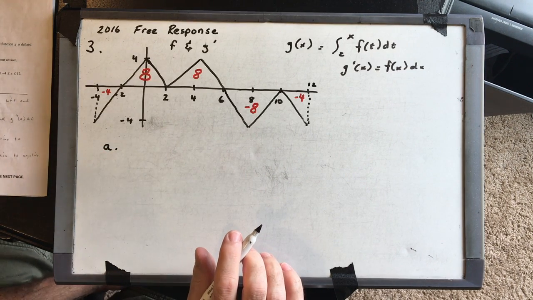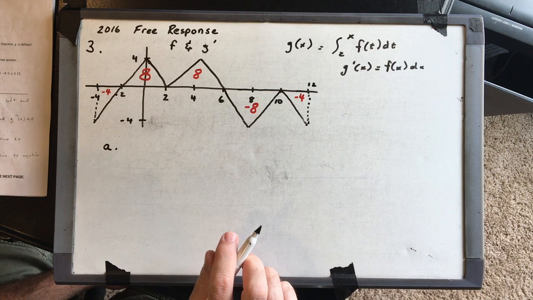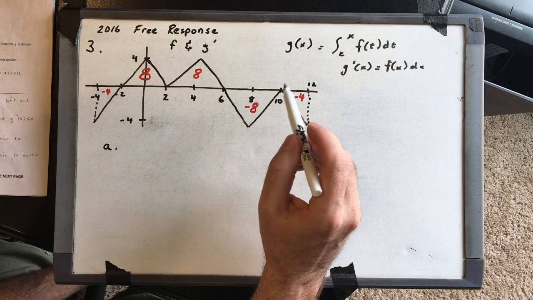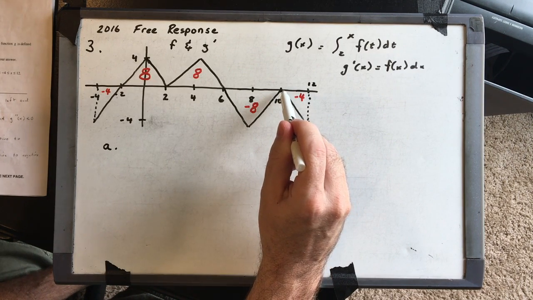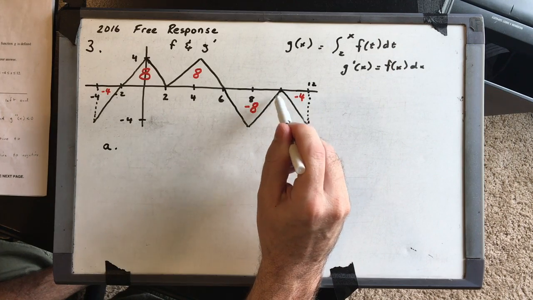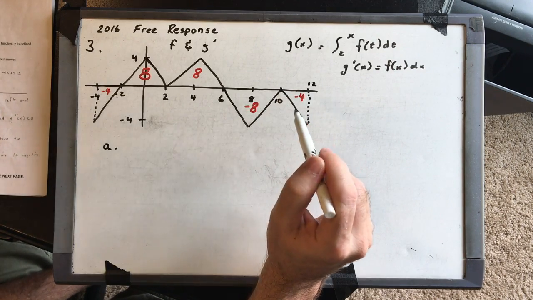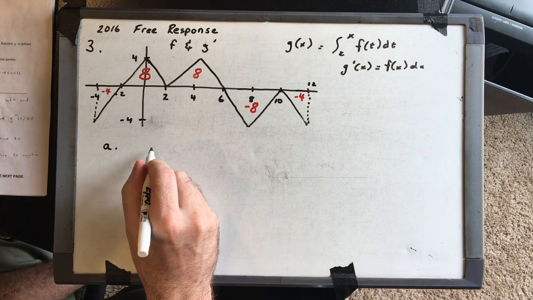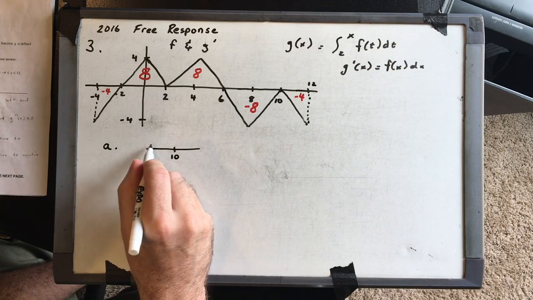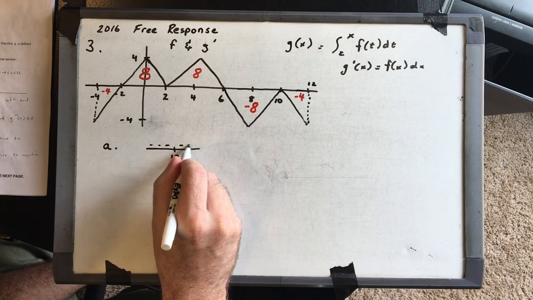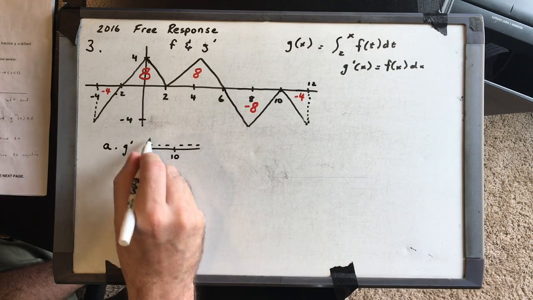Okay, the first question is, does g have a relative minimum or a relative maximum, or neither at x equals 10? Justify your answer. Well, you can see that g prime is below the x-axis on both sides of 10. So if we were doing a sign line there and we were looking at 10, we'd have negative, negative, right?